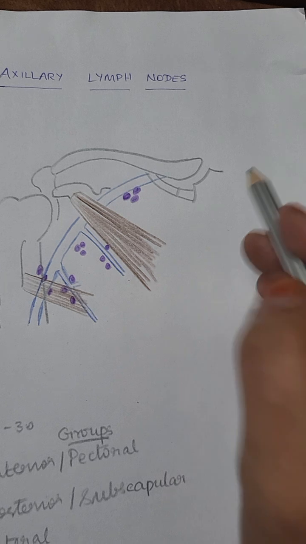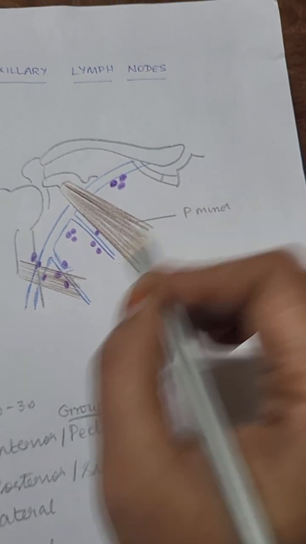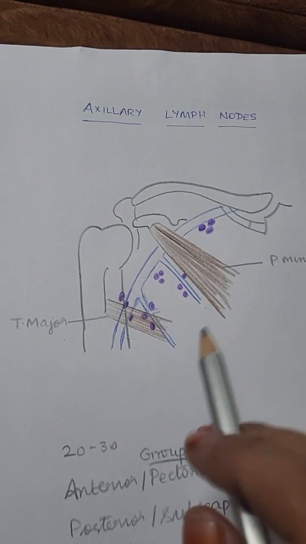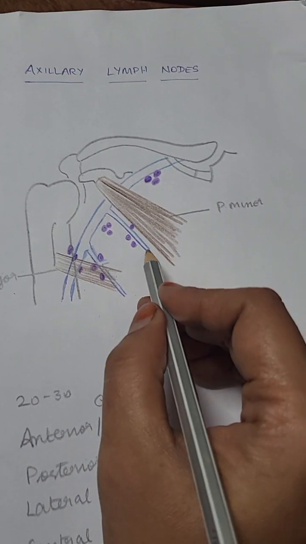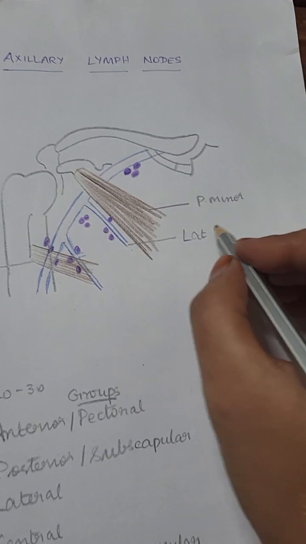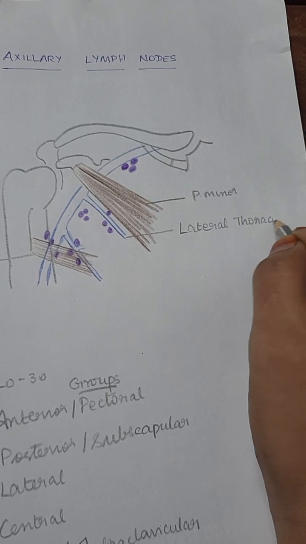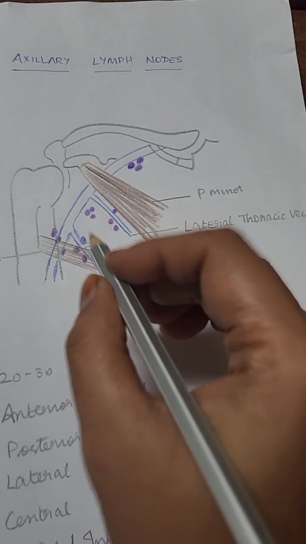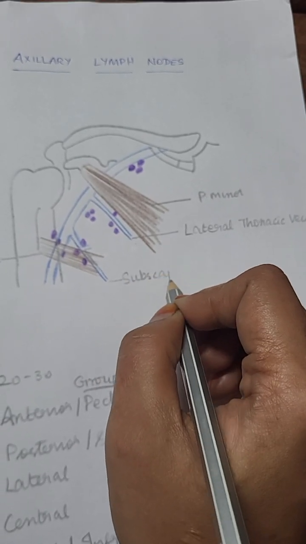So this one is the pectoralis minor muscle, and this one is the teres major muscle. Along the lower border of pectoralis minor, this blood vessel is the lateral thoracic vein. And this blood vessel is the subscapular vein.